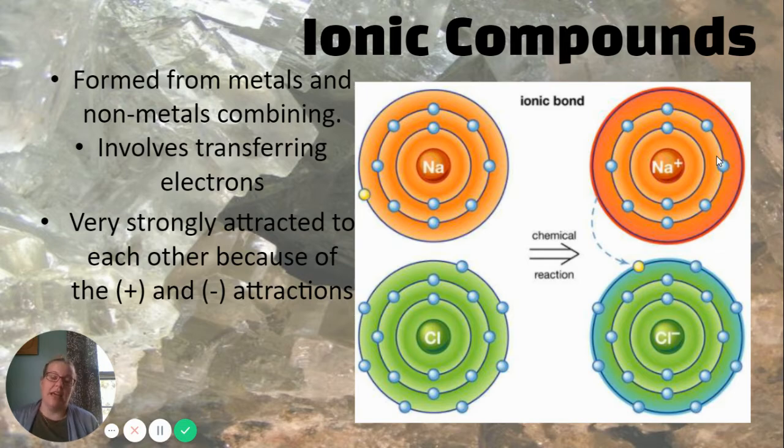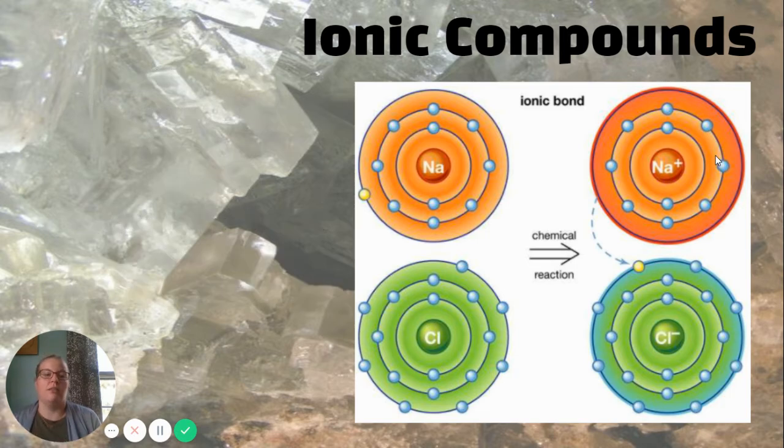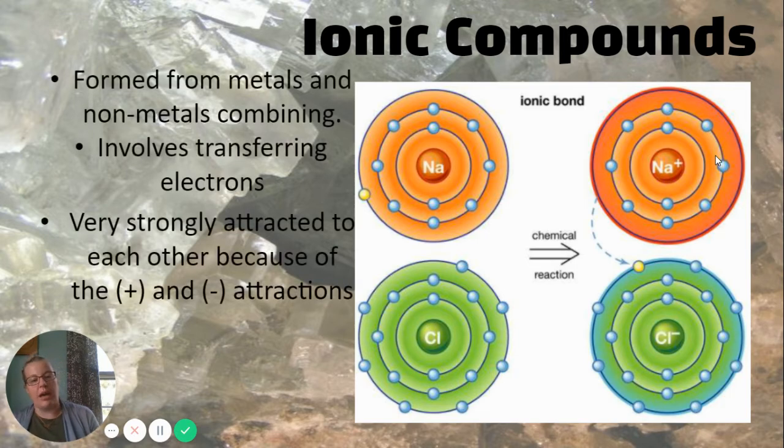Cl becomes a Cl-, and like we talked about with atomic structure, if I have a positive charge and a negative charge and I bring those two things together, they stick together, and that is the ionic bond. So the ionic bond is actually caused by the positive and negative attraction. It is a fully positive and a fully negative ion coming together. And because of that, it's an incredibly strong attraction between them. So ionic compounds have very strong bonds between each atom in that compound.